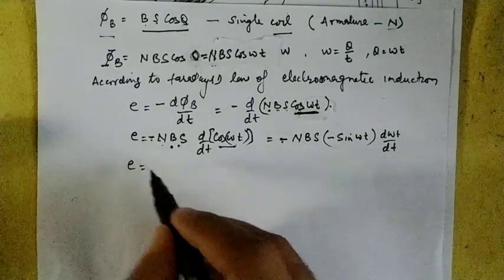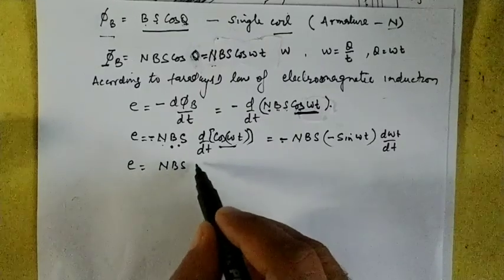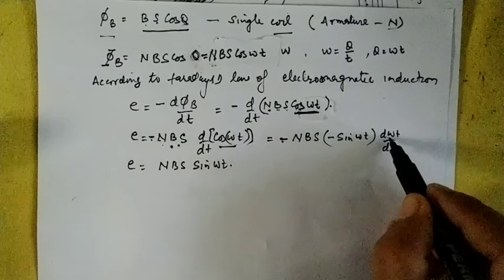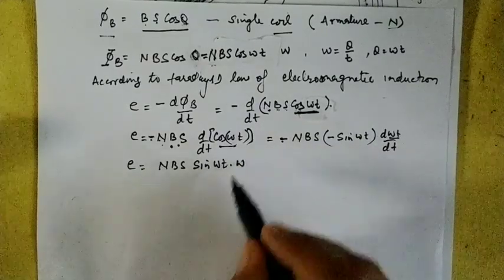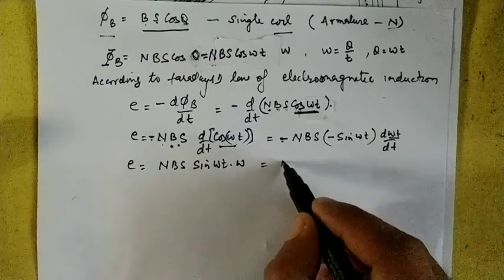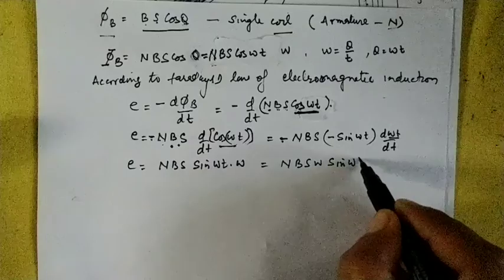Minus minus becomes plus, so it is NBS sine of omega t, and omega is again a constant, so I can take it outside, and dt by dt is 1. Finally we get the induced EMF equal to NBS omega sine of omega t.